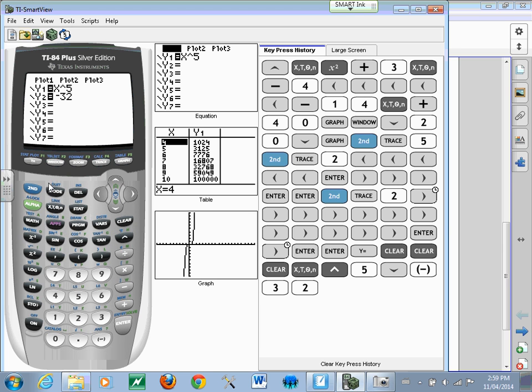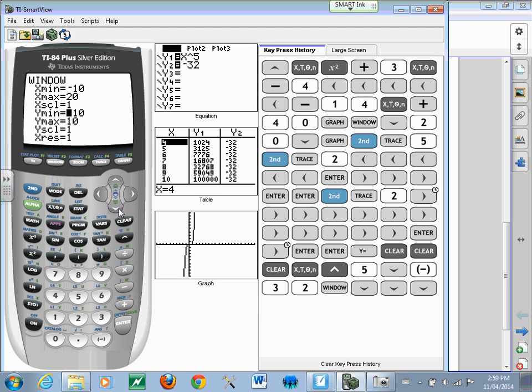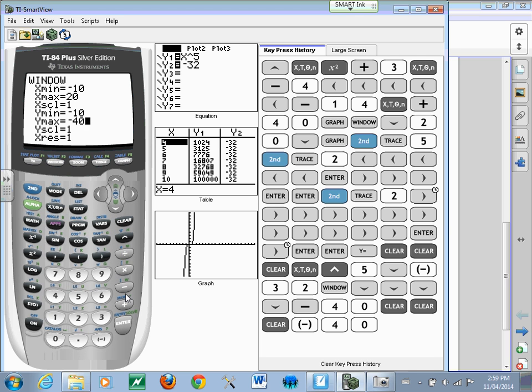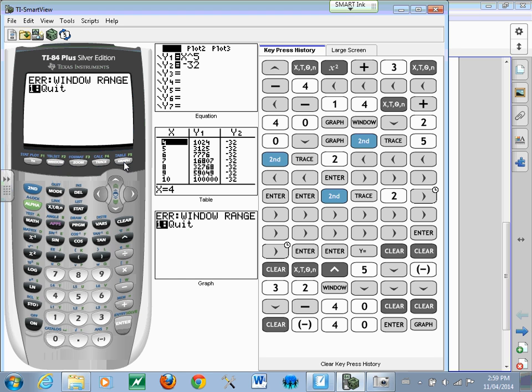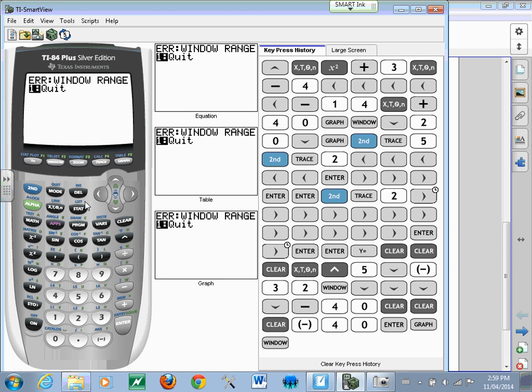Now I need to change my window, I know that for sure. So let me take a look at my y. I'm going to go down to my y and make that maybe -40. See if that works. Let me use the buttons here, otherwise they're going to give me an error. Okay, let's try graphing that and see if that comes out. Oh, window range. Let's go back to window.